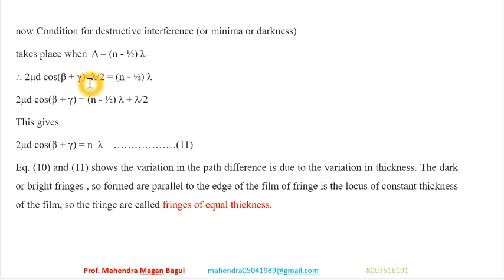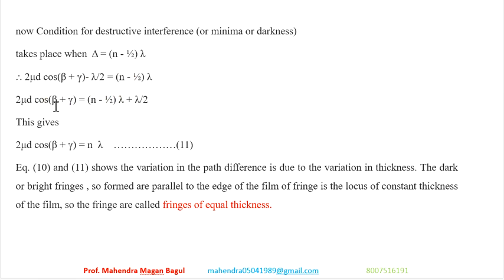Now, the condition for destructive interference, that is minima, or we say darkness. For this, the path difference del takes place when del is equal to n minus 1 half into lambda. Therefore, by comparing both equations of path difference, we get 2 mu d cos of beta plus gamma minus lambda by 2 is equal to n minus 1 half into lambda.